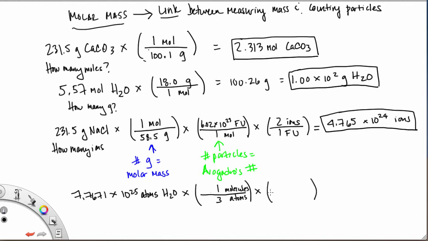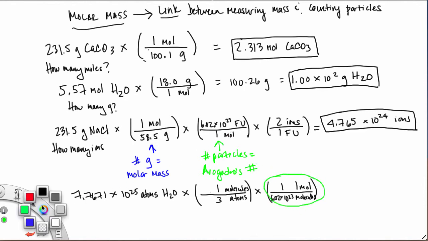Now, since I'm in representative particles, I can convert to moles. Okay, so moles will go on the top, molecules will go down here. We have 6.02 times 10 to the 23rd molecules in a mole. This is where I have Avogadro's number here. Avogadro's number. So I'll circle that in green. All right, now since I'm in moles, now I can go to grams. There are 18.0 grams in 1 mole of water.